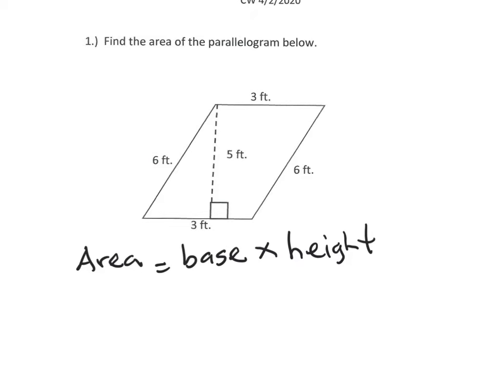In order to do that, you need to look for the little square. There's a little square in the drawing, and that tells us that this side and this length over here are 90 degrees apart. I'm going to point that out by highlighting that.